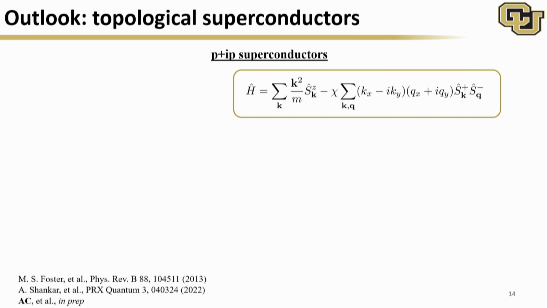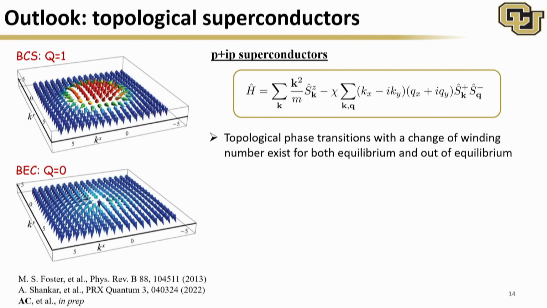Apart from conventional superconductors, our protocol can in principle generalize to unconventional superconductors, for example, topological superconductors. Topological superconductors feature a transition with a change of winding number, and this can exist for both equilibrium and non-equilibrium.